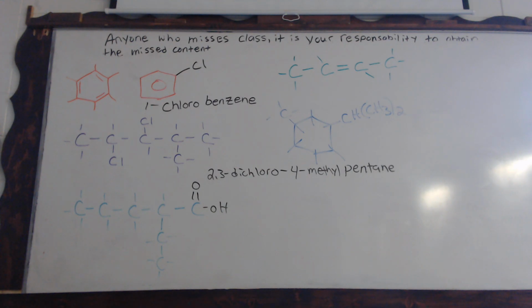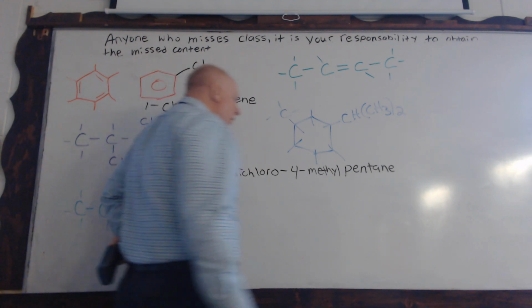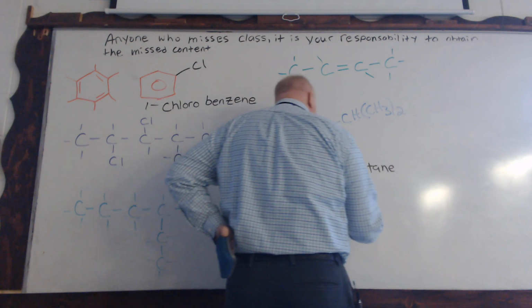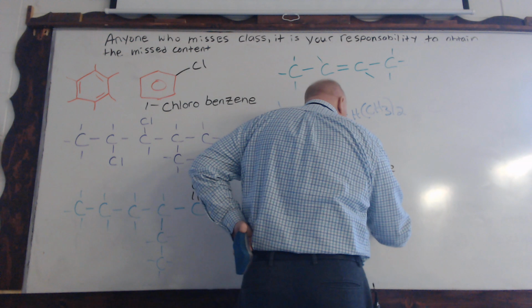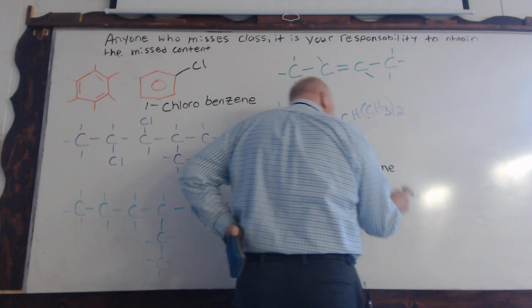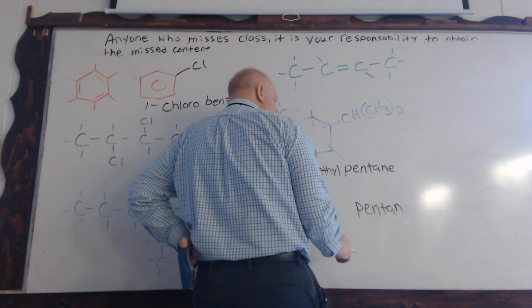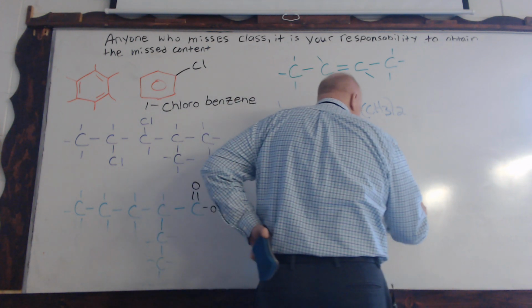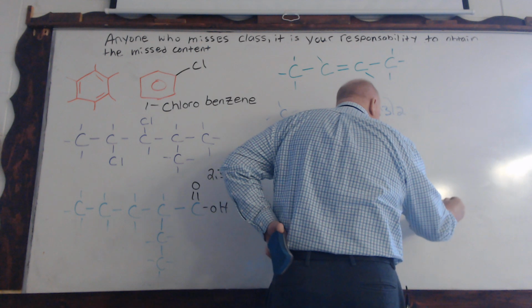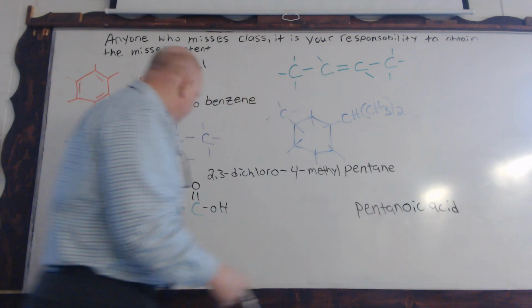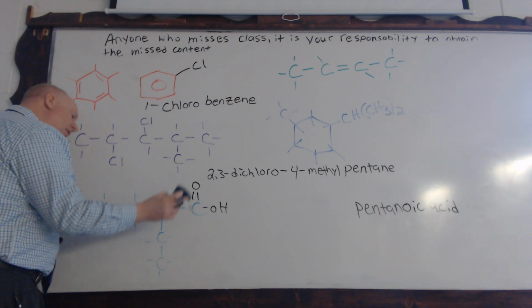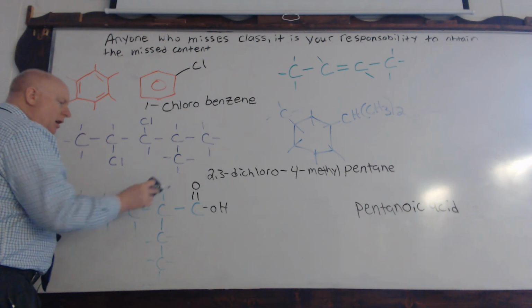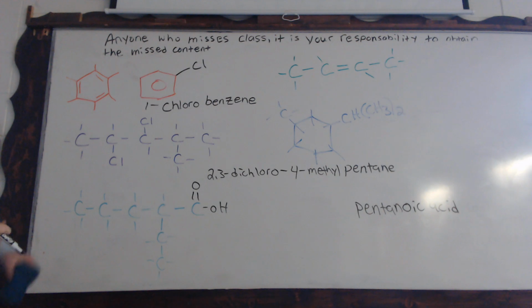So if we have 5 carbons, then what is your prefix for that? Well, same thing up here. But then we drop the E and add OIC. Okay, so now, if we just had this, that would be pentanoic acid. But there's something branching off of this, and which carbon is that happening on?